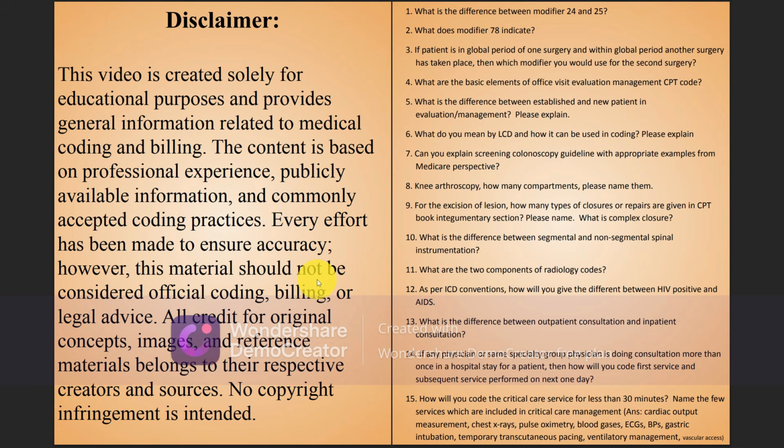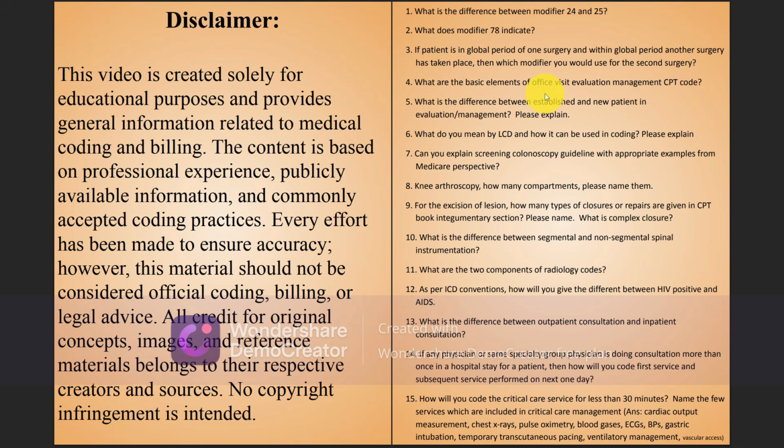Let's discuss the 15 questions. Out of these, 10 we'll discuss separately in this video. What is the difference between modifier 24 and 25? What does modifier 78 indicate? If a patient is in a global period of a surgery and within the global period another surgery has been done, which modifier will you use for the secondary surgery?